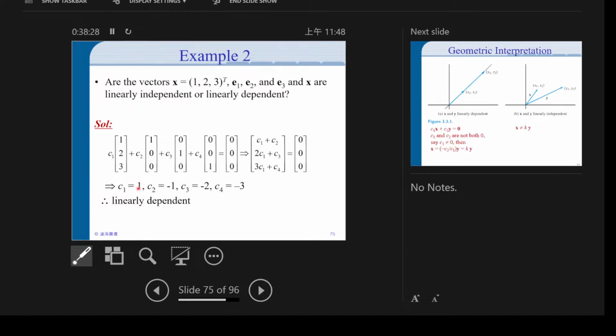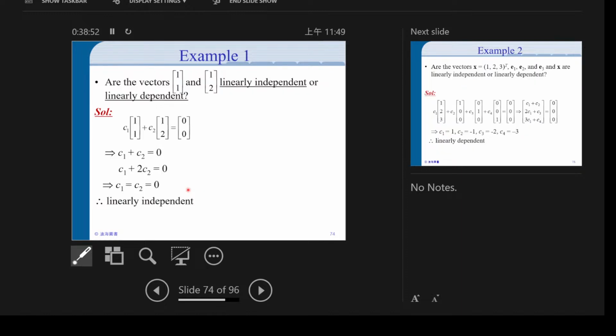And we have E1, E2, E3, and these X, are they linear independent or not? This example is from a previous example, and we already saw X3 can be written as a linear combination of 1, 2, 3, and they are linear dependent.